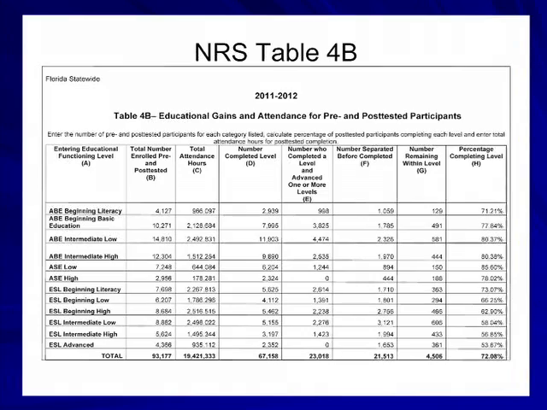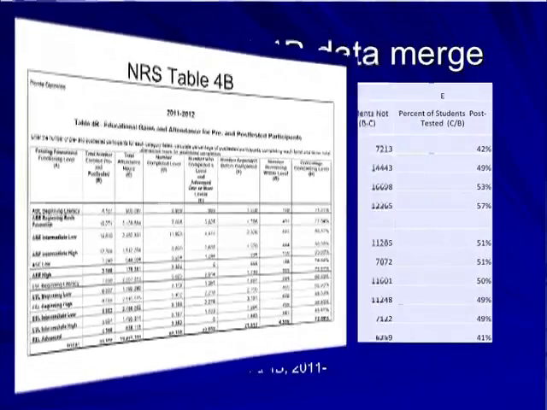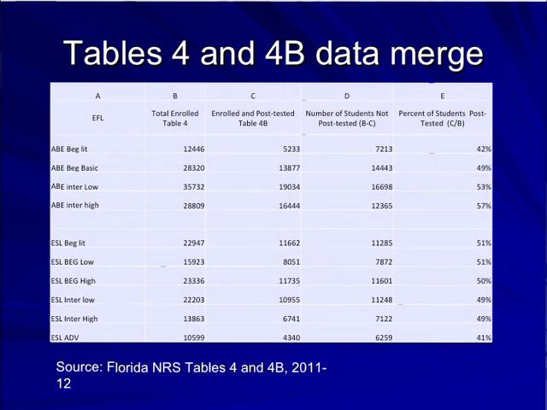If you take and subtract table 4B from table 4, what you end up getting is a third table, which is really just those people who showed up and were in the program for at least 12 hours, were pre-tested, and were not post-tested.